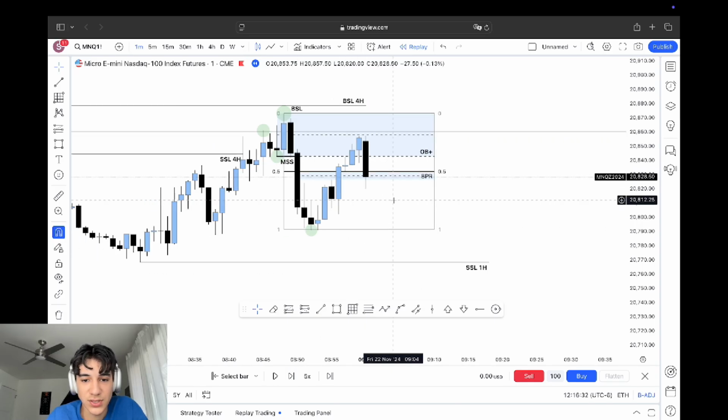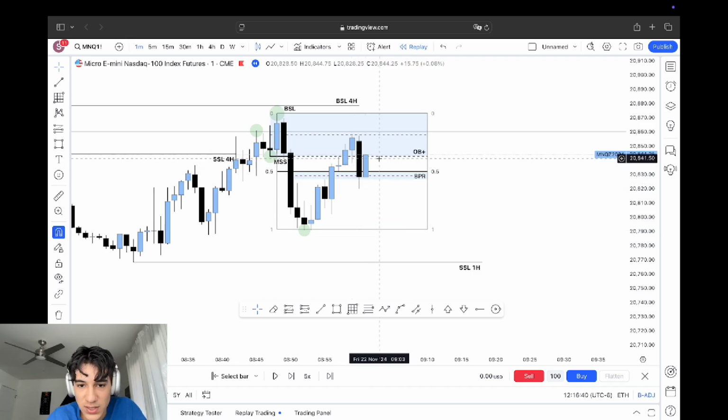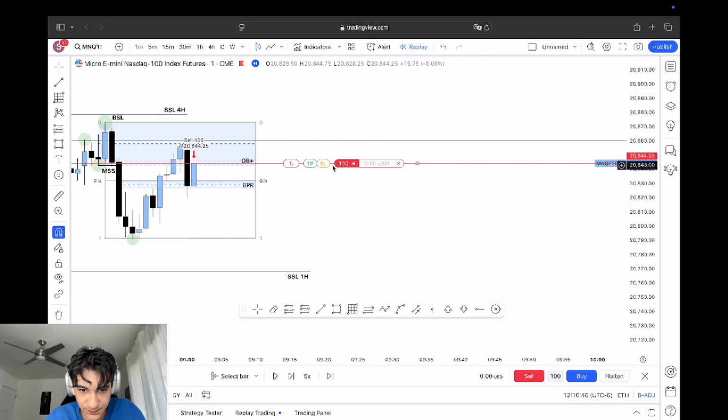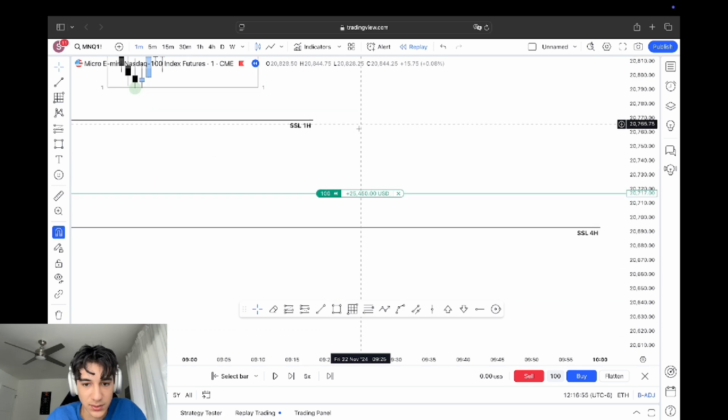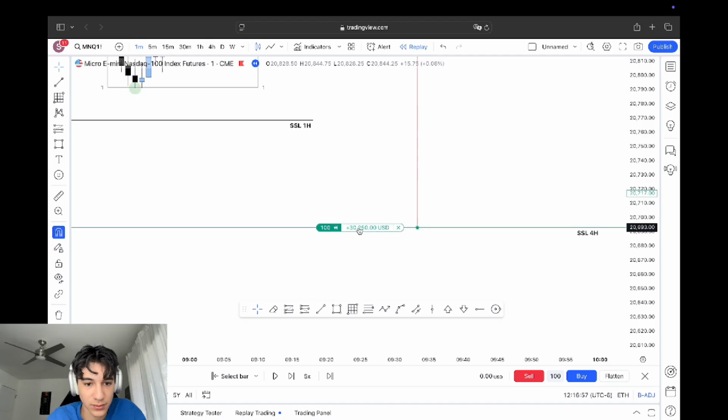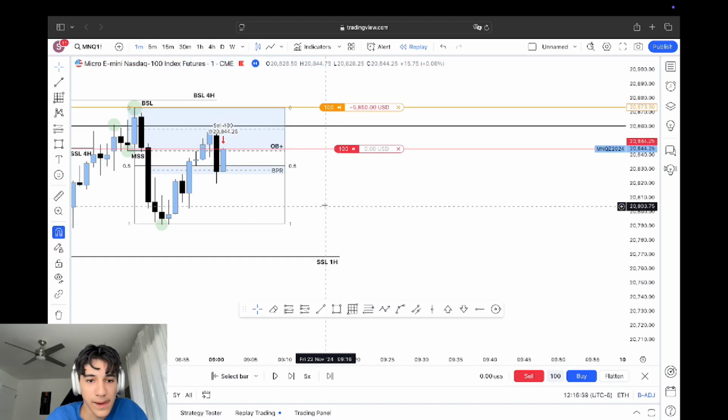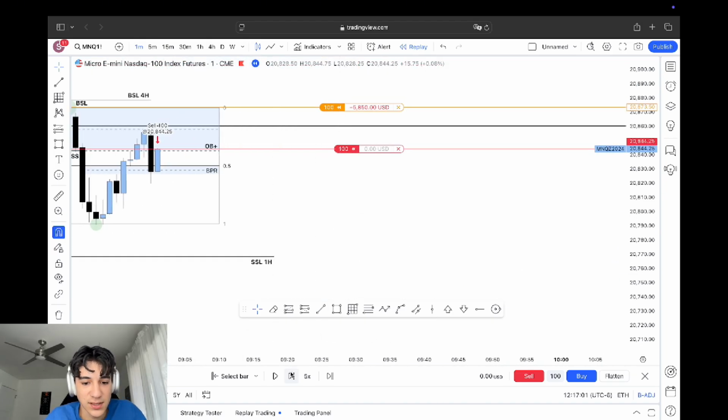Okay, huge rejection. We haven't broken past this BPR just yet. We retrace back into here. This could be a good first entry. Stop loss right here. TP would be this for our sell side, and then maybe possibly scale in.